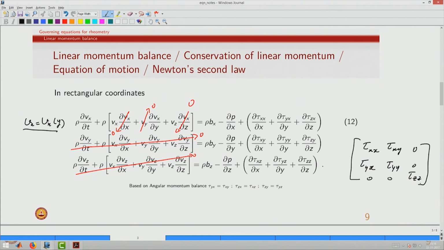By material symmetry, tau yz, tau zy, and, since it is a symmetric tensor, tau xz and tau zx are 0. So, we have only 4 components of stress which are possibly non-zero. Using this, we can set some additional terms to 0. So, tau zy is also 0.